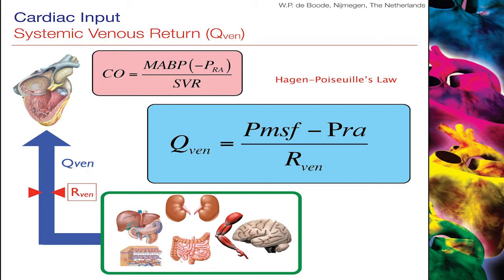The driving force for the venous return from the tissue to the heart is the difference between the mean systemic filling pressure in the tissue and the right atrial pressure. The flow is also dependent on resistance in this circuit.